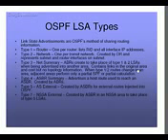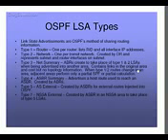A type 7 is only created in a not so stubby area, and we'll talk about those guys in just a second, because in an NSSA, type 5s aren't allowed. So in a stubby area, type 5s aren't allowed, nor are they allowed in an NSSA.